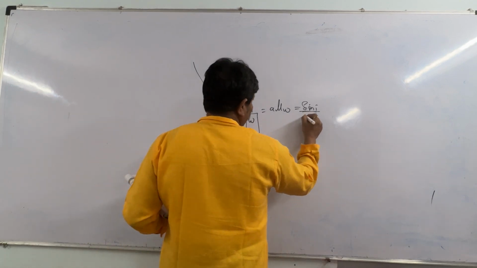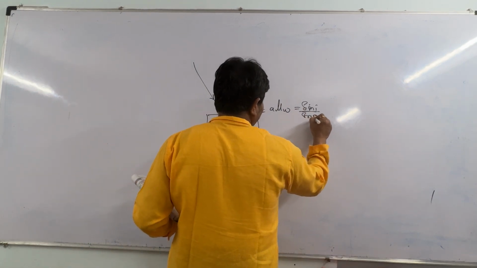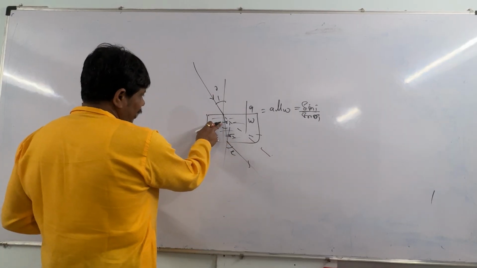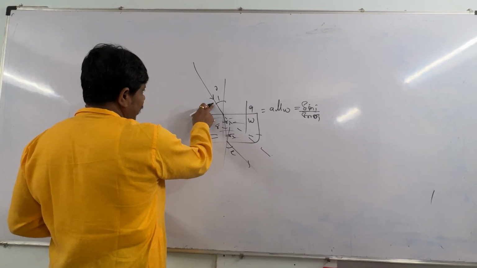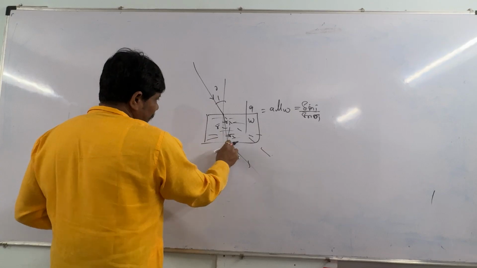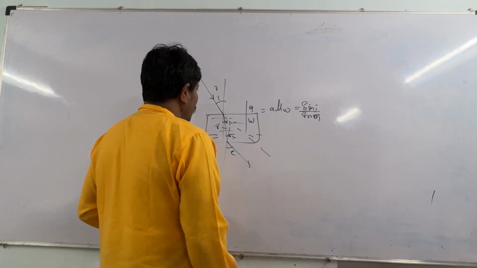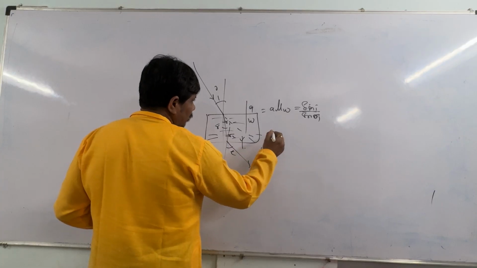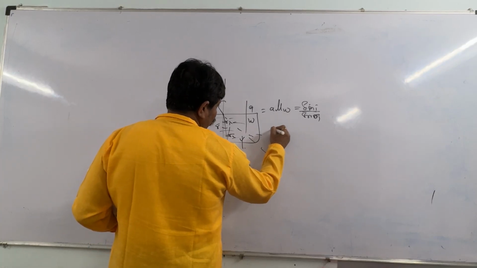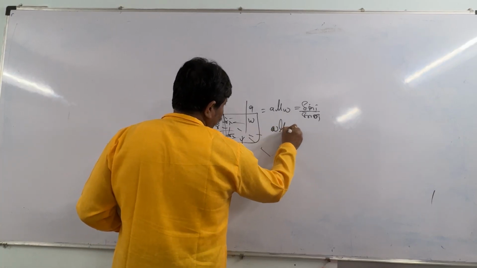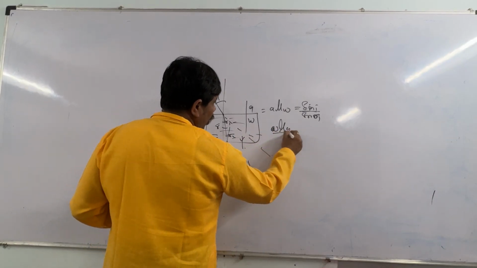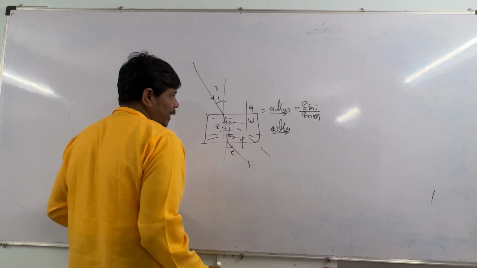So sine R1 is the first angle, the refracted angle, and this is the incident angle. When light comes, it bends towards the normal. Now light coming from water to air gives the refractive index of air with respect to water, meaning whatever the light travels from water to air, or air to water.